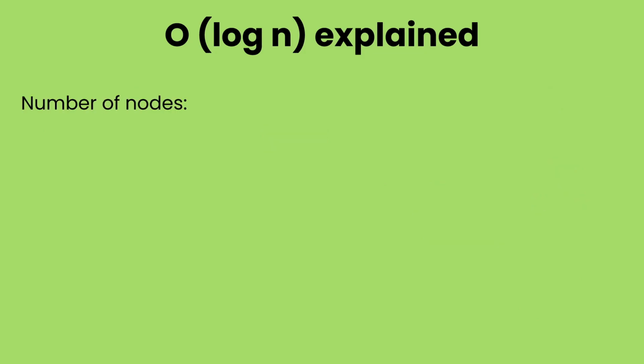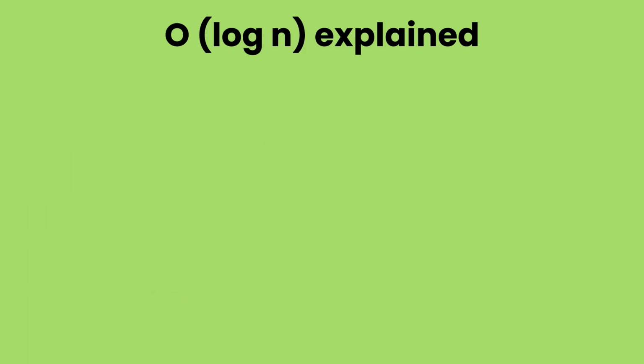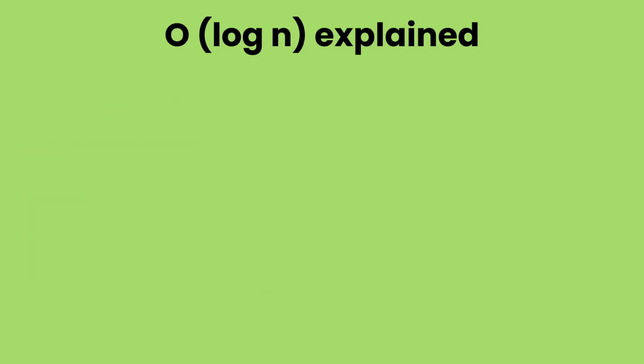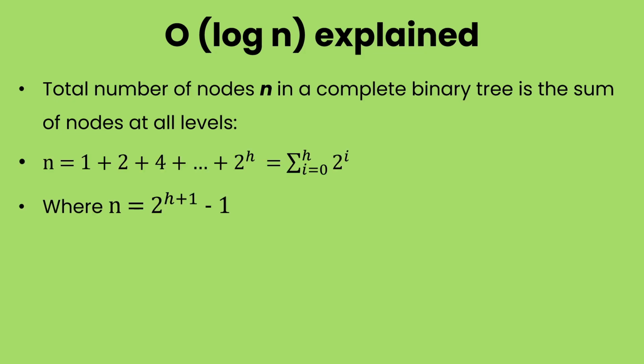And if you need mathematical analysis, we can generalize this logic. So at level 0, the root, there is one node, level 1 has 2 nodes, at level 2 there are 4 nodes, and to generalize, at level h there will be 2 to the power of h nodes. Then we should create a formula for the total number of nodes, and it forms a progression.